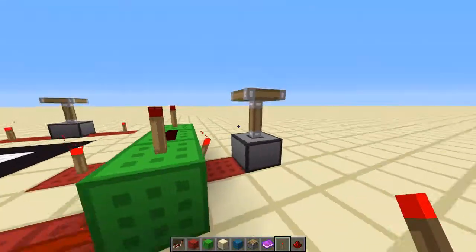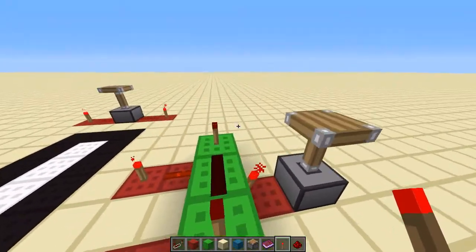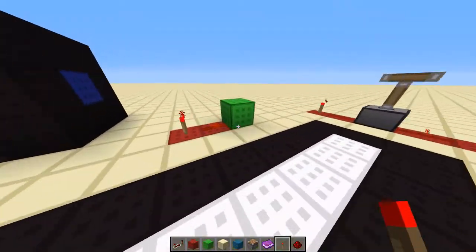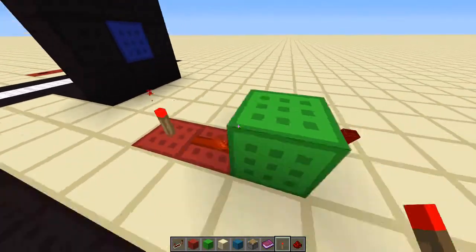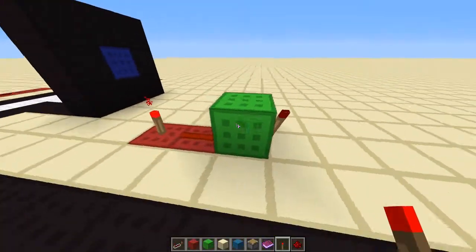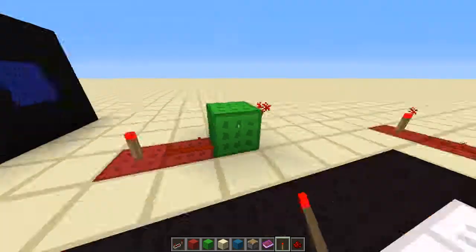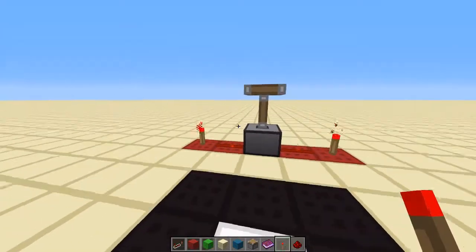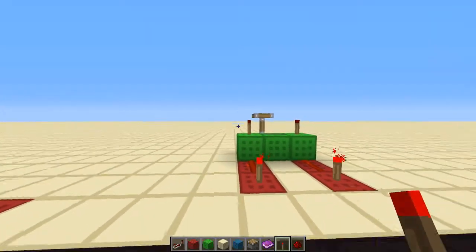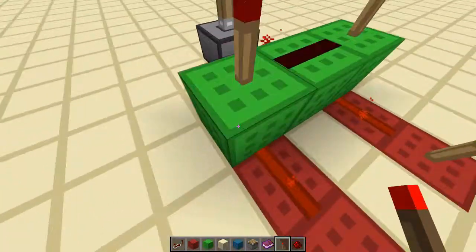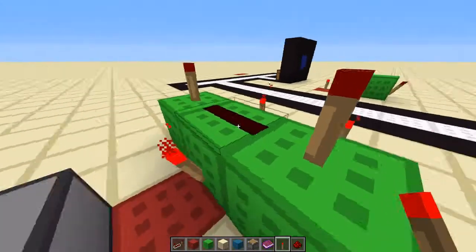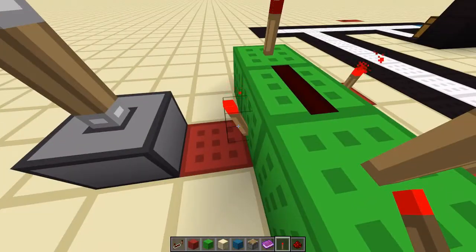I'm going to go over a little bit of how these actually work, because it's important to understand why they do what they do. Now the mechanic in the game is that if a redstone torch is powered, it will turn off, which is the inverter. The way the AND gate works is because these are joined together, these will directly affect this torch here.